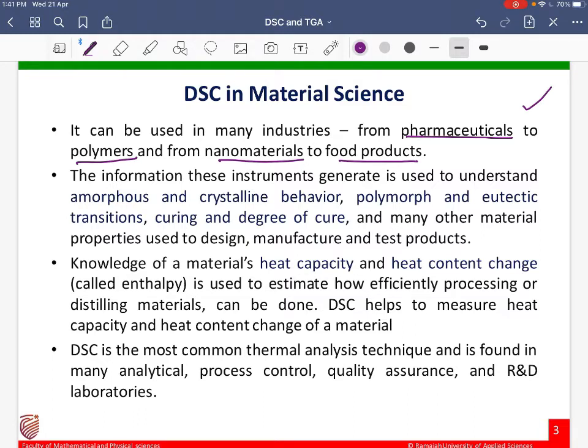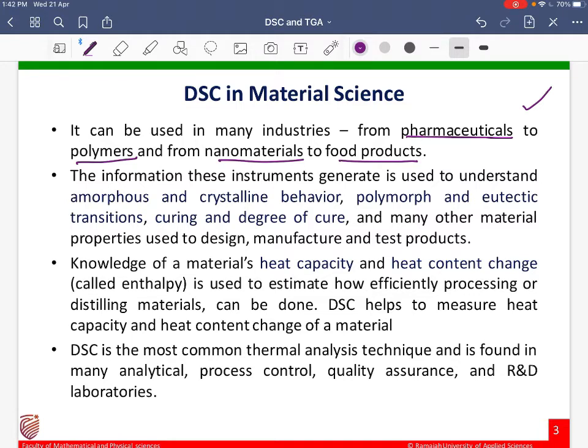If it is a polymer, whether the polymer is curing, at what temperature the curing starts, and how much curing, the degree of cure: all this information we can gather from differential scanning calorimetry. And this information helps us to design and manufacture the products required for different applications.